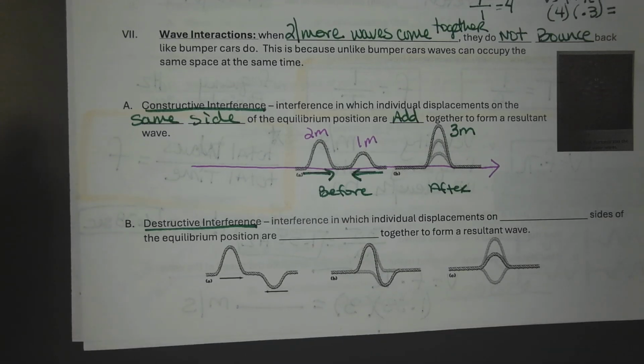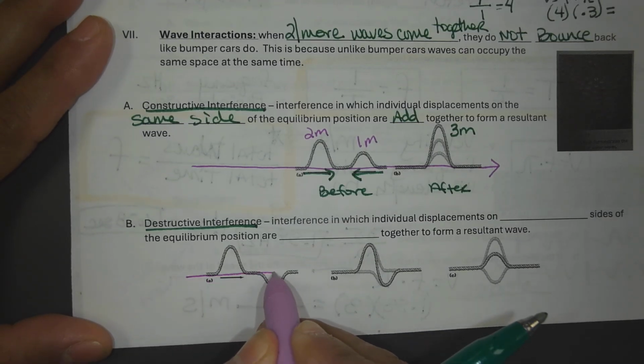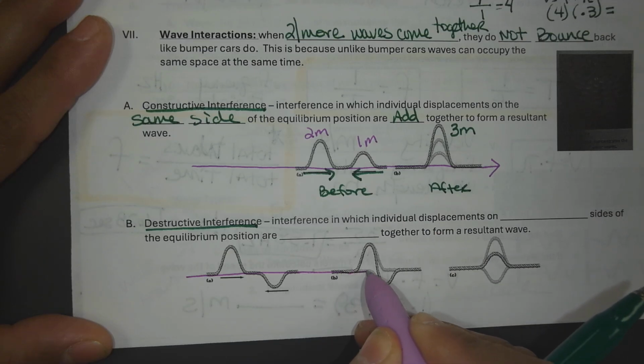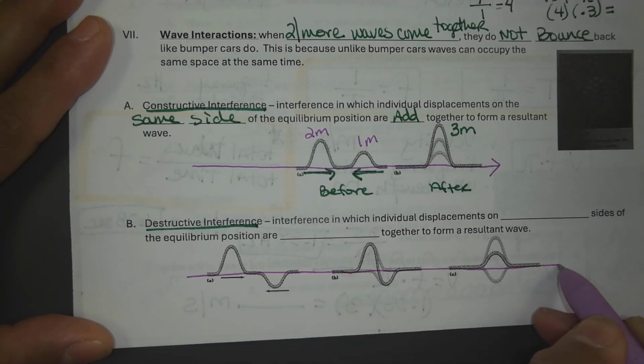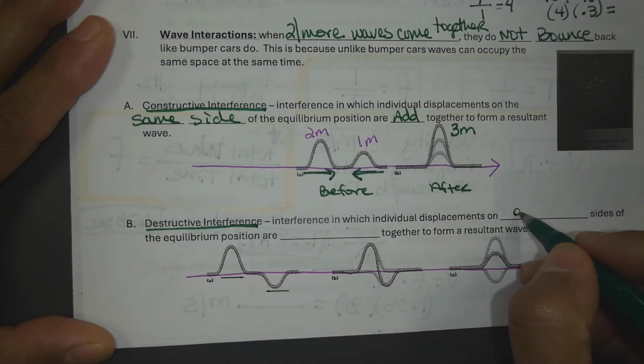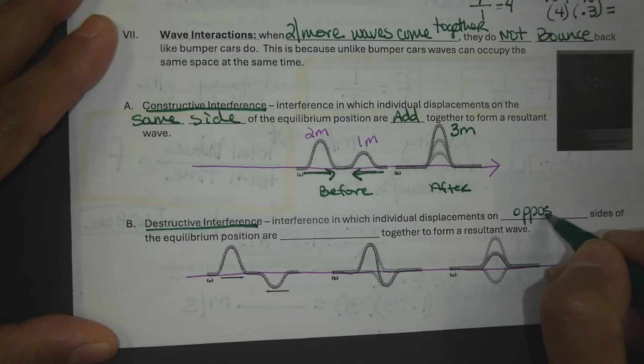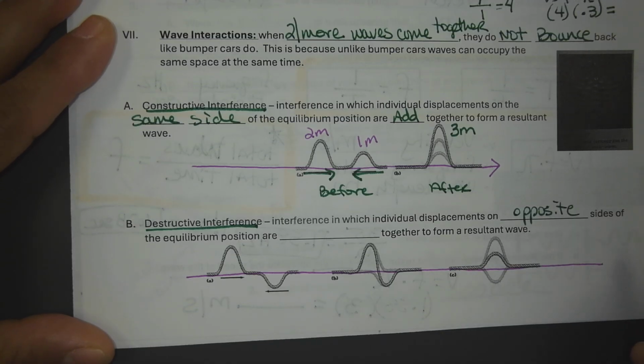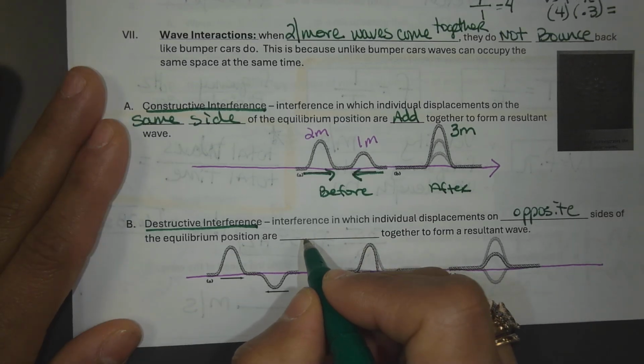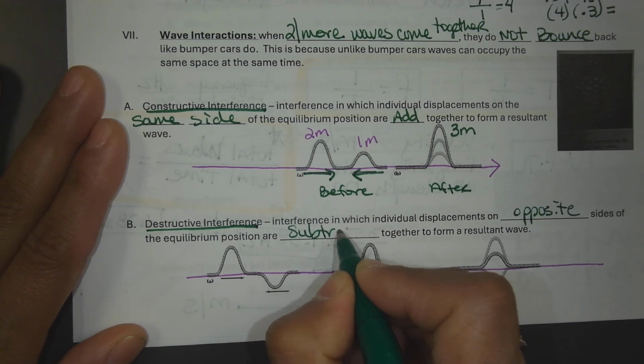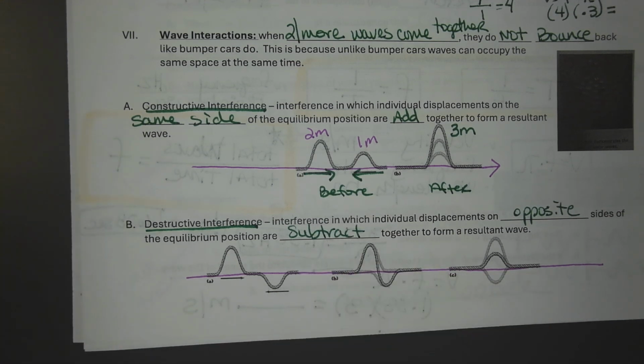Whenever the wave is traveling and the wave amplitudes are on opposite sides of the equilibrium, what we do is subtract the waves.